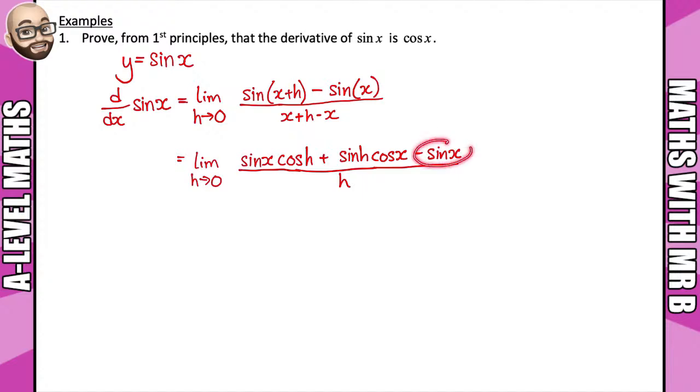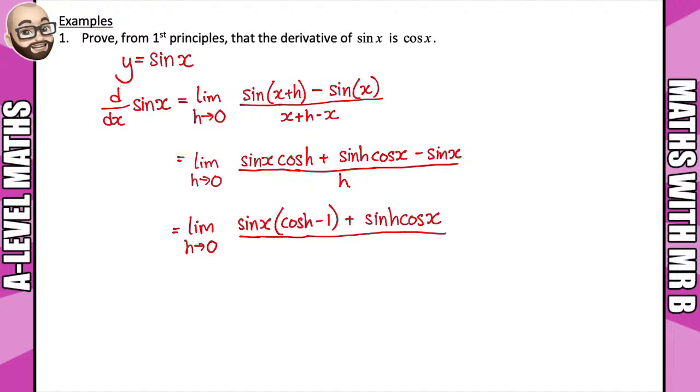We're going to factorise these two sine x terms, and that's going to get me the limit as h tends to 0 of sine x times (cos h minus 1) plus, on the other part, we're still going to have that sine h cos x, all over h. And now we need to try and work out what's actually happening.